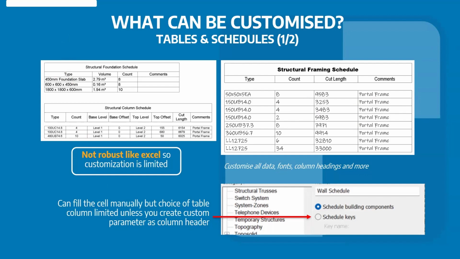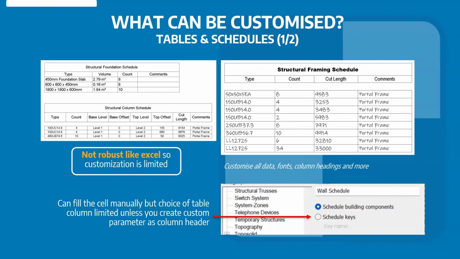Now, one thing I'd like to talk about is that it's not robust like Excel, but if you use the schedule key in the top section of the slide, as you see, instead of building components, you have the flexibility of using a table as we use in Excel, but you have to create your own columns one after another. That's not that intuitive, but it can be helpful in certain situations.